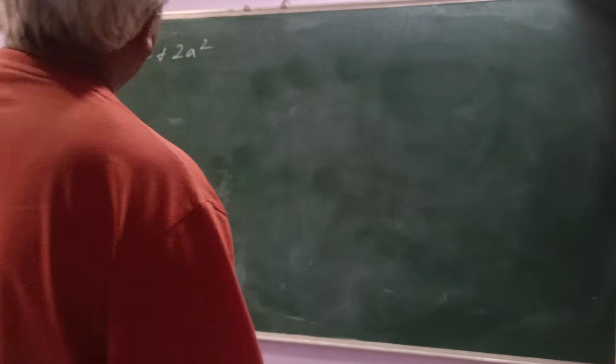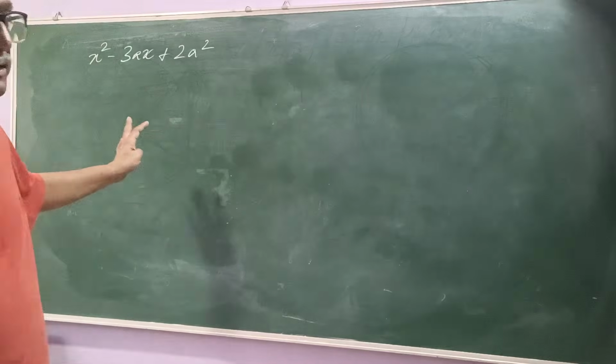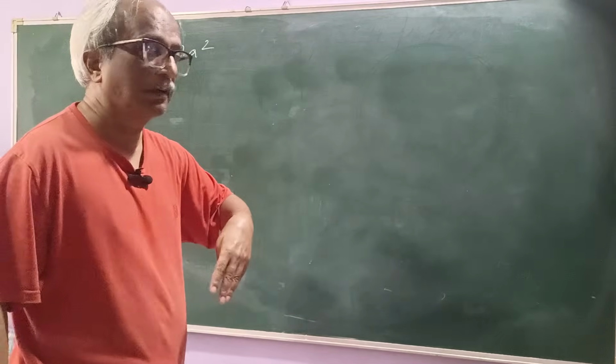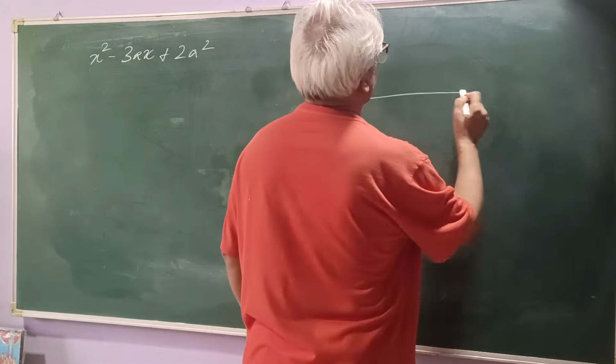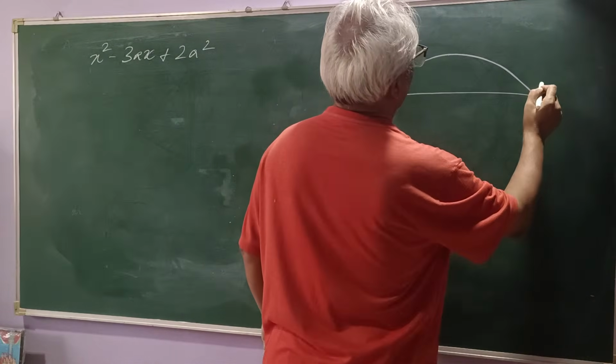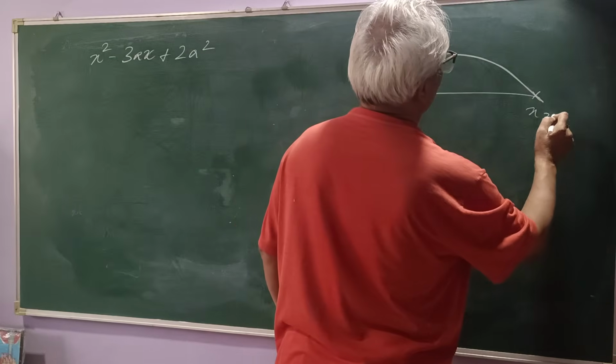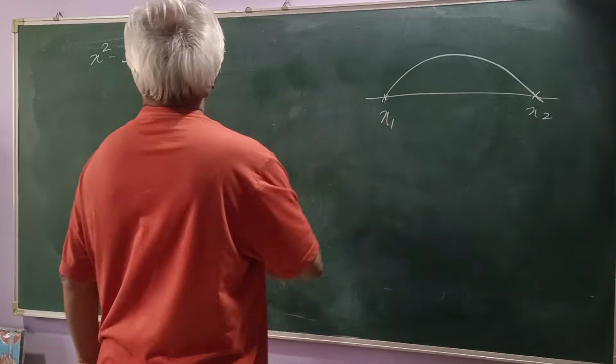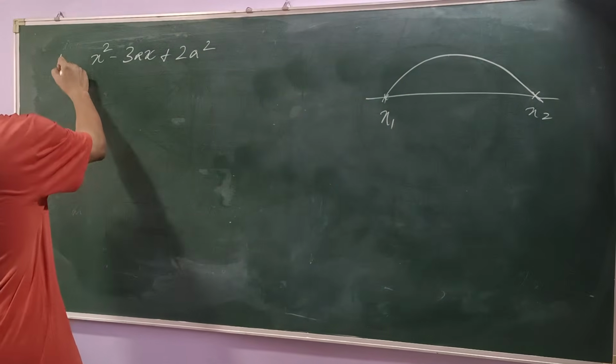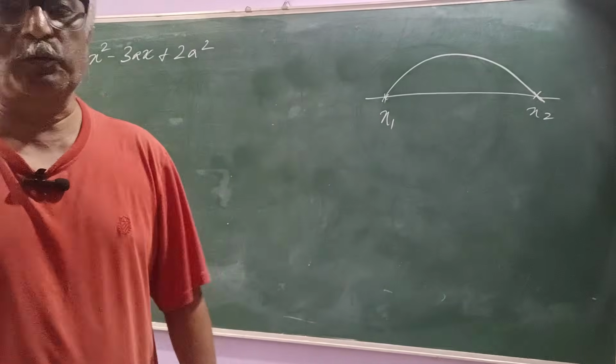All right. So we will now equate y to 0 to find the x-intercepts, x1, x2. We put y equal to 0. So y is negative x square plus 3ax minus 2a square.